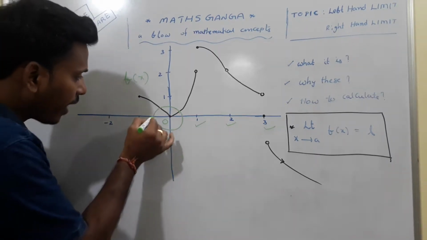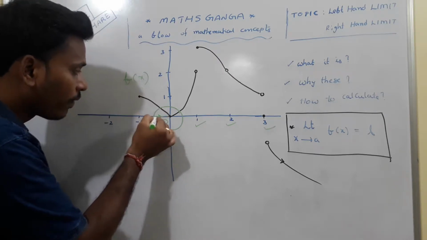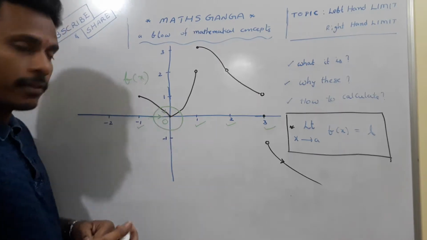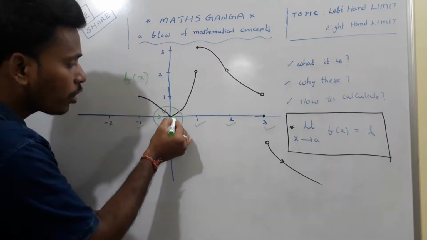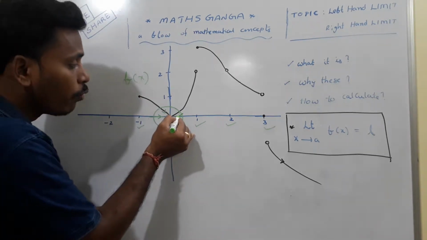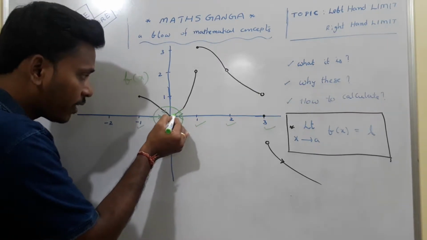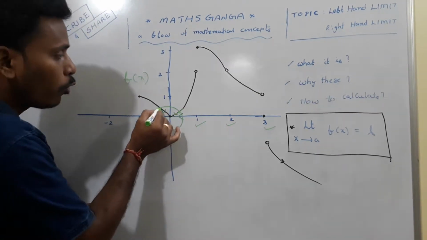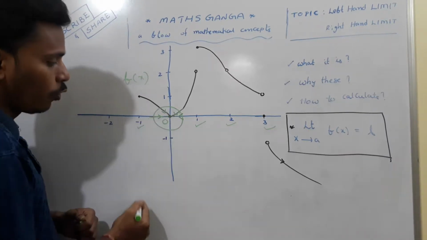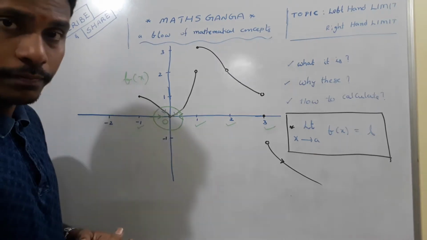If x is moving towards 0 from the left side, then the graph is moving towards 0 from the left side. And if x values are changing on the right side, then f of x is moving towards 0 from the right side, and the graph moves like this. So in both cases the graph is approaching 0. So at 0 the left hand limit is 0 and the right hand limit is also 0.